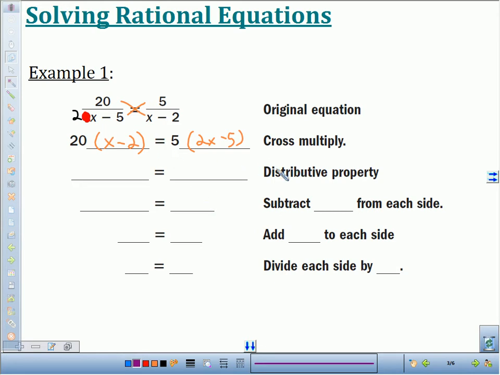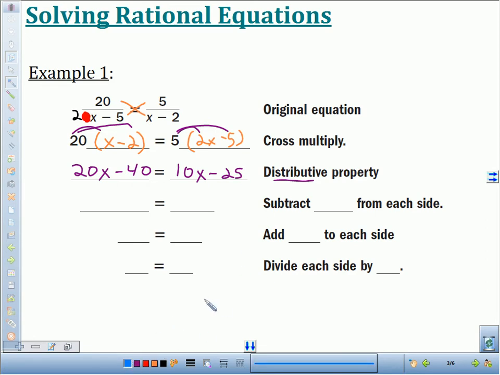I will start using the distributive property, so I will distribute the 20 and the 5. 20 times x is 20x. 20 times negative 2 is negative 40. On the other side, 5 times 2x is 10x. 5 times negative 5 is negative 25.